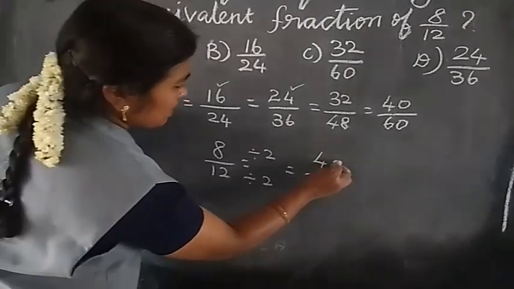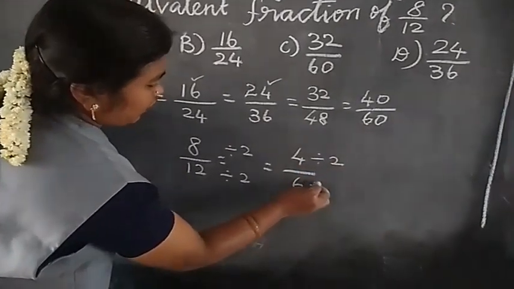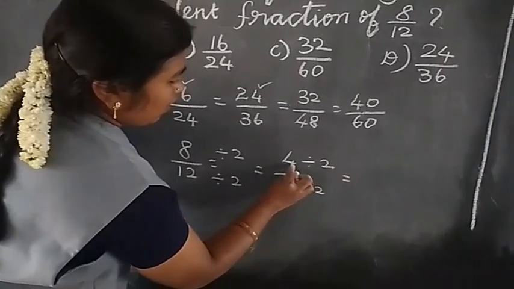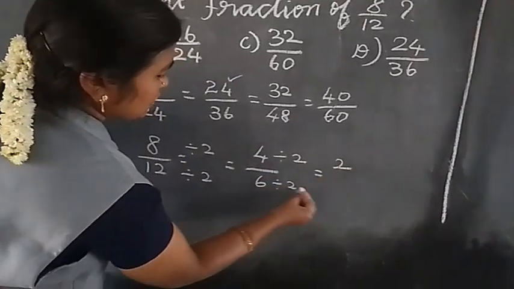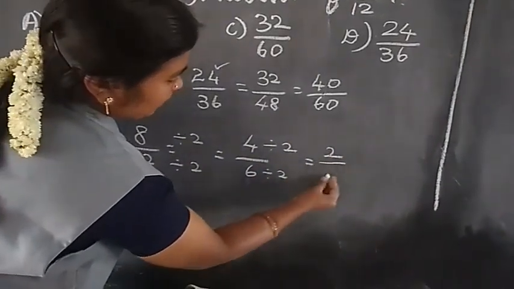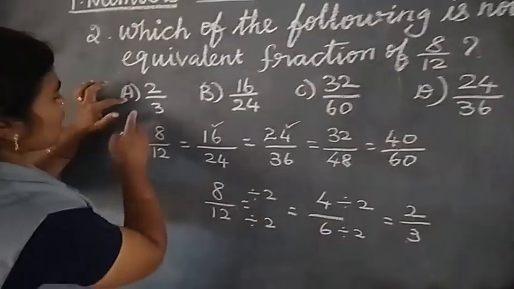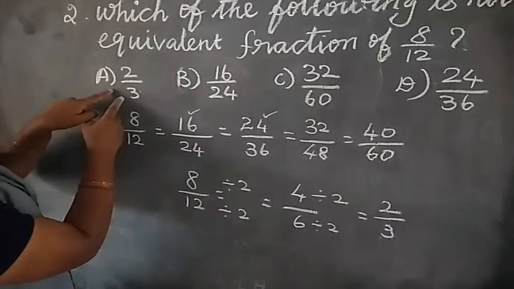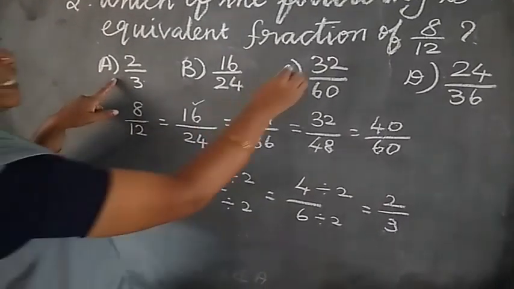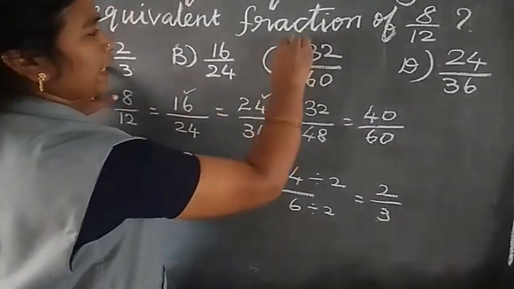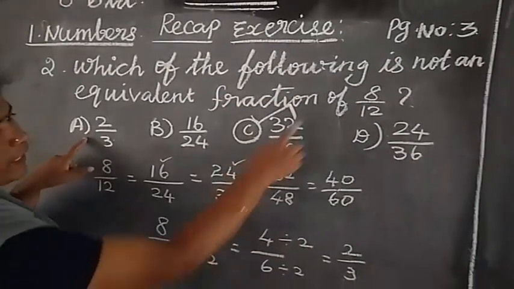Once again we simplify by 2. 2 2s are 4, 3 2s are 6. Now we get 2 by 3. So this is also an equivalent fraction. So C is not an equivalent fraction of 8 by 12.